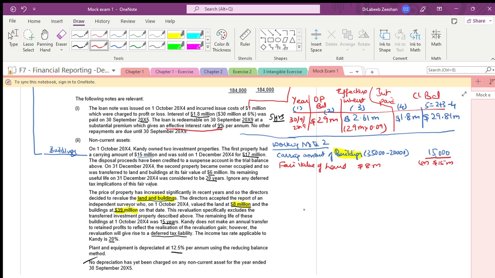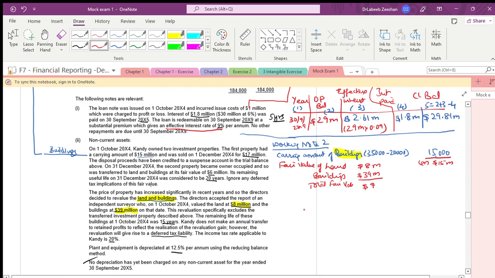The fair value of buildings is 39 million. Total fair value is 47 million.